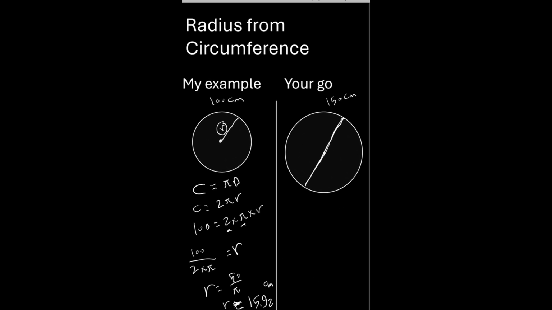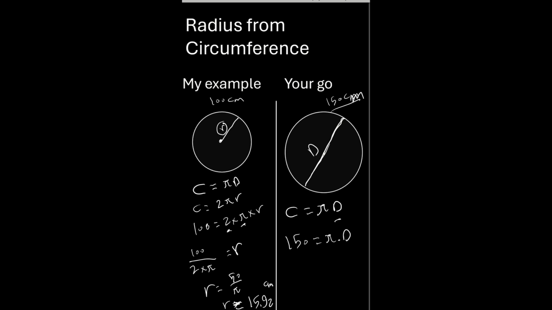Okay, so hopefully you had a go with this question. 150 centimeters is my circumference, and I want to find the diameter. So the circumference is pi times d, same as the previous question. In this case, I don't want the radius, I just want the diameter. So 150 equals pi times the diameter.